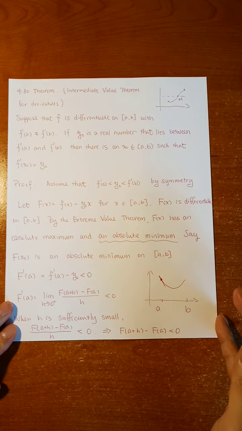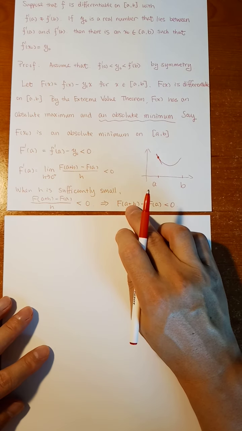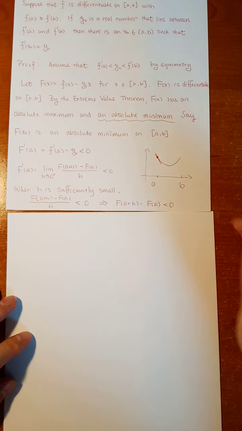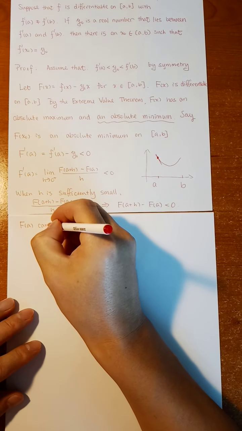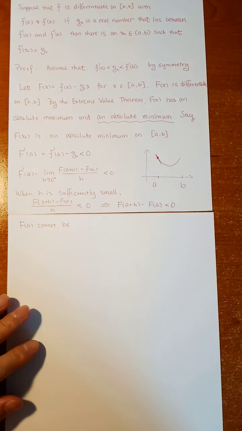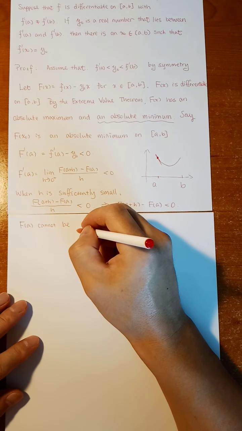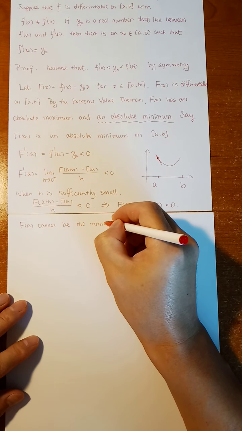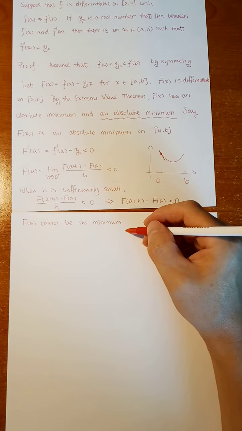The difference is negative, then F of a is greater than F of a plus h for all h in some small interval. So F of a cannot be the minimum. It's greater than F of a plus h, so it cannot be the minimum.